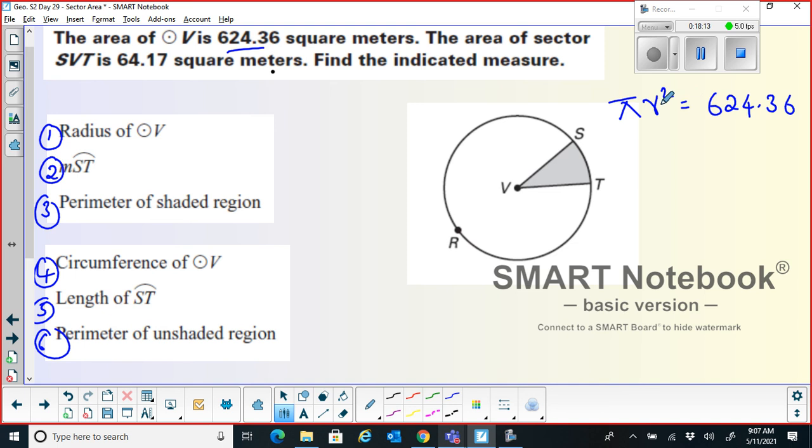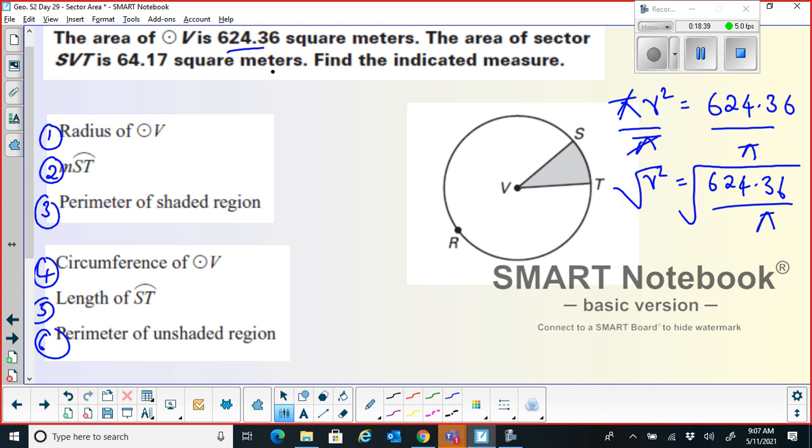I need to find r for this particular problem. So first let me divide by pi on both sides. So these two will get crossed out. So I'll have r square equals 624.36 divided by pi. The next step is take square root on both sides.